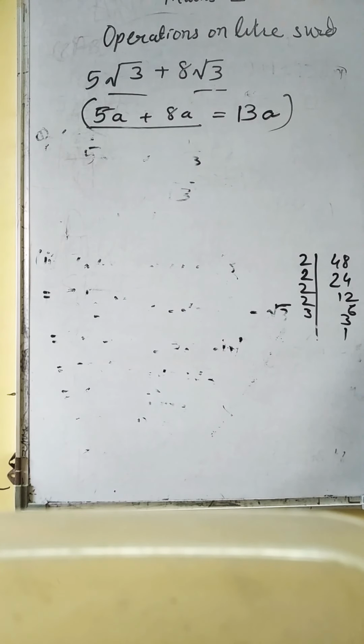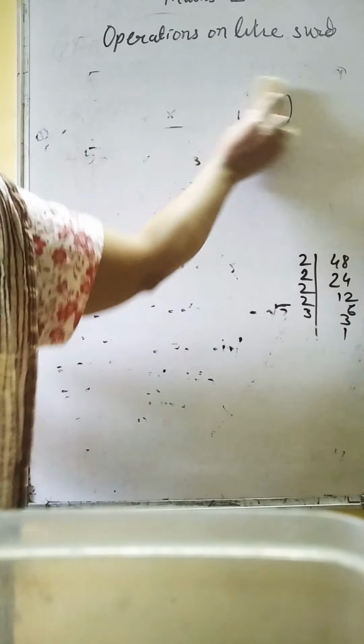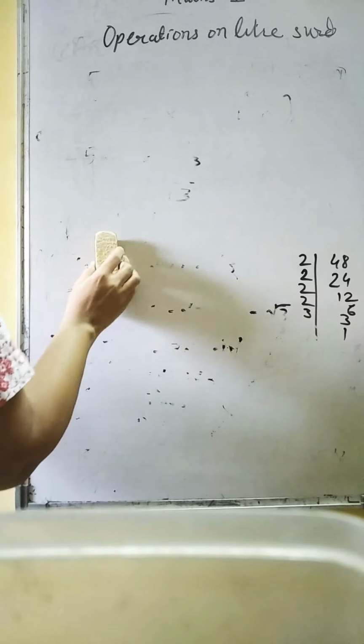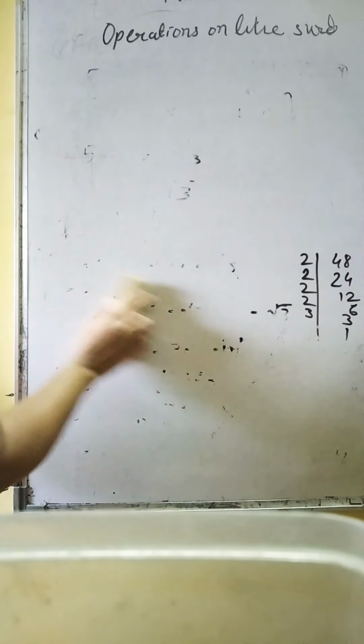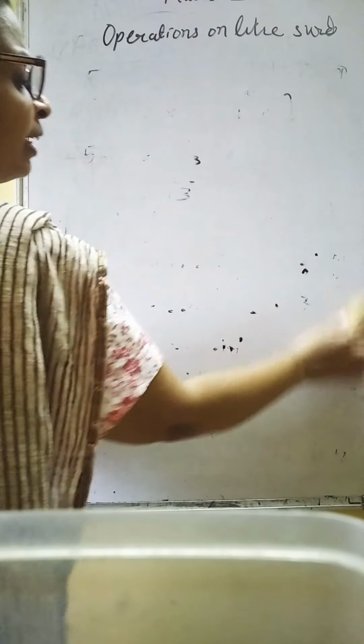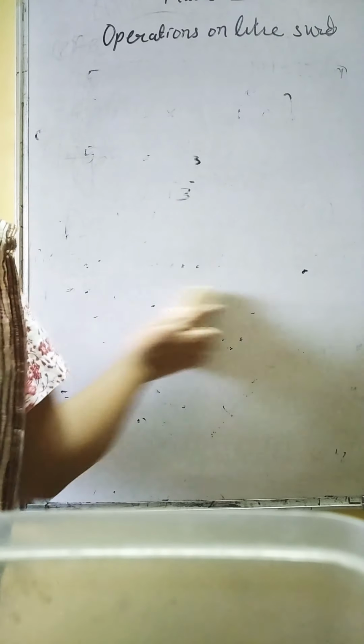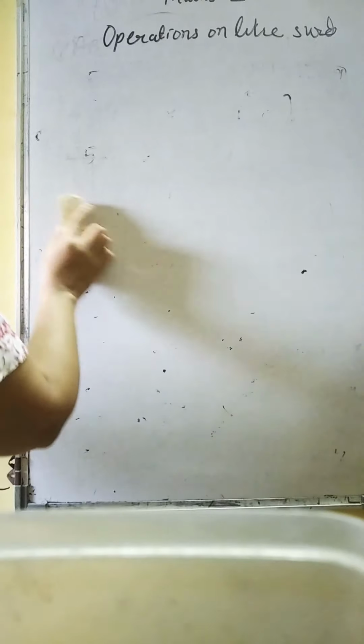No, ma'am. In question number 3, second, third, and fourth was given as home. So this question number 3 is completed na. That means, yes, we discussed about like surds and unlike surds. That is done na. So we are on the right question na.